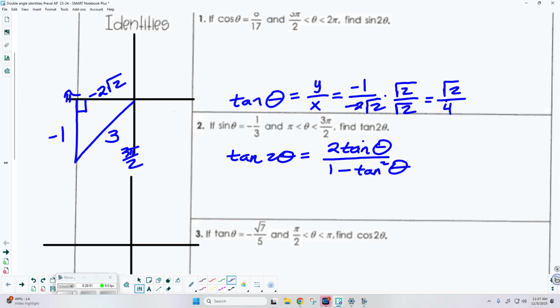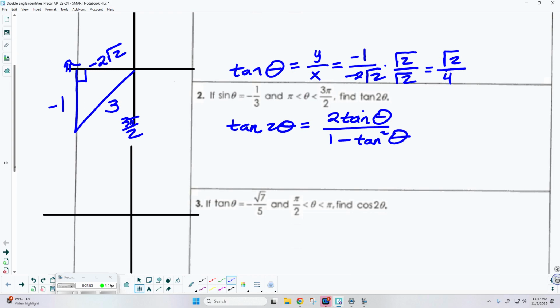This is where we're going to do a little more algebra. So up top, I'm going to have 2 times the square root of 2 over 4. And then we're going to divide that by 1 minus tangent squared. So a square root of 2 over 4 squared. Everybody okay what I'm doing? Anybody lost?